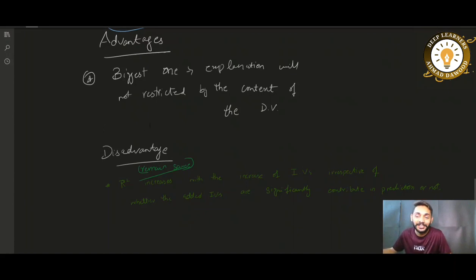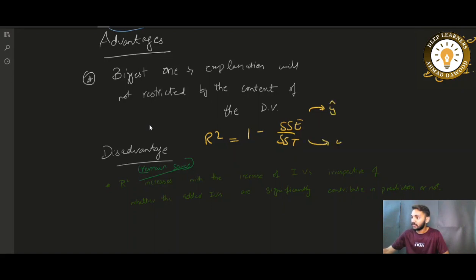which is about the disadvantage of R square. R square, as you can see, is 1 minus SSE over SST. In SSE, the model is y cap. In SST, the model is y bar, and y cap we know is usually like mx plus c.